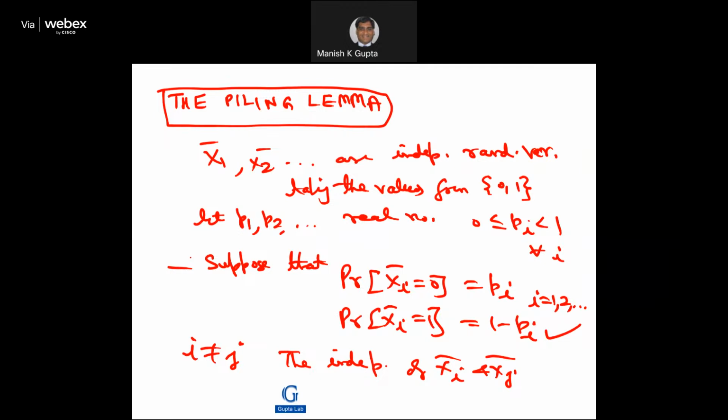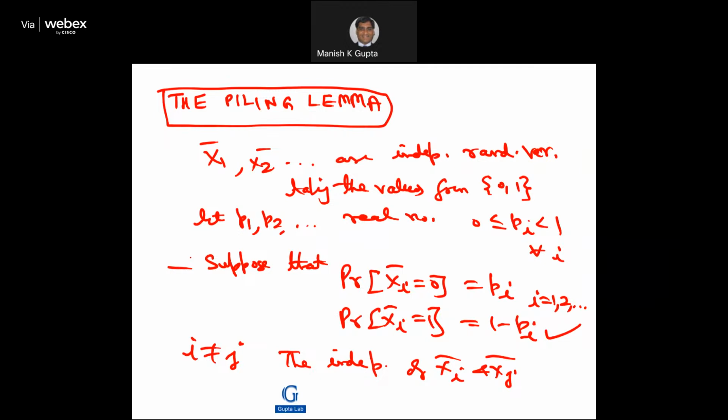Let x1 bar, x2 bar, and so on be independent random variables taking values from 0 and 1. Again, we have the binary strings of the plaintext and the binary strings of the ciphertext. So suppose x1, x2 are independent random variables, and suppose p1, p2, p3, p4 are real numbers between 0 and 1.